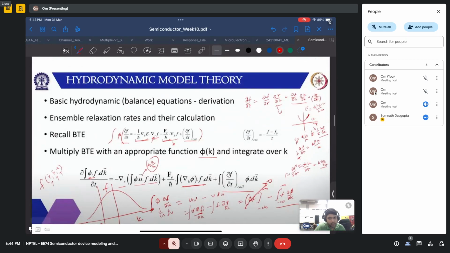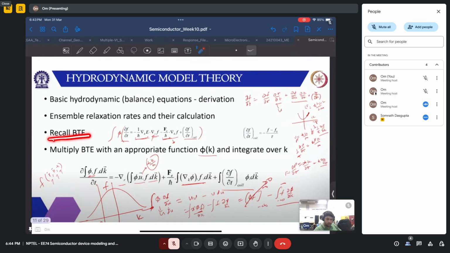How the hydrodynamic model is derived is we need a few things. We need the Boltzmann transport equation, that is, del f by del t is minus 1 by h cross del k E del r f plus F by h del k of f, plus del f by del t due to collisions.